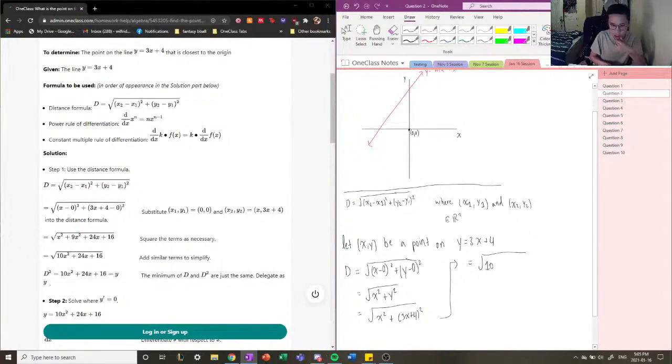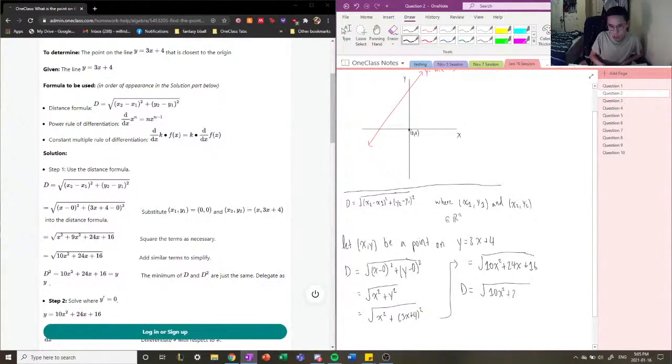I'm going to expand this bracket. So it'll be the square root of 10x squared plus 24x plus 16. Okay, so I expanded this bracket and then I added everything together. And now we have found a distance formula from this point on our line to the origin.